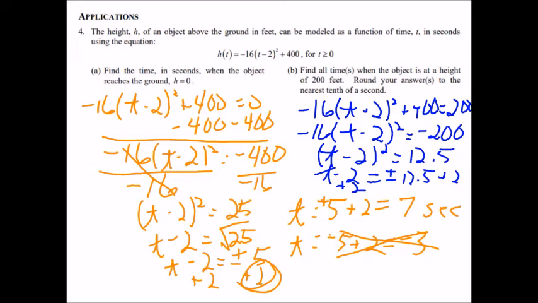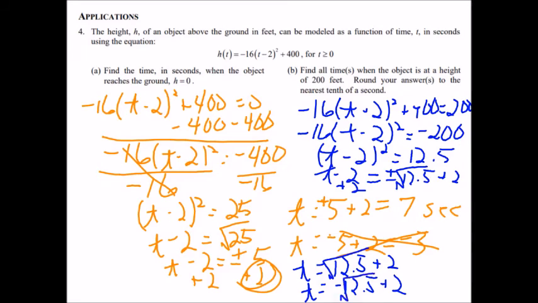So my two answers, I'm going to skip down to here. I'm going to have the square root of 12.5 plus 2, and negative the square root of 12.5 plus 2. Oh, you know what I forgot? I forgot the square root here. The square root of 12.5, and then negative the square root of 12.5.